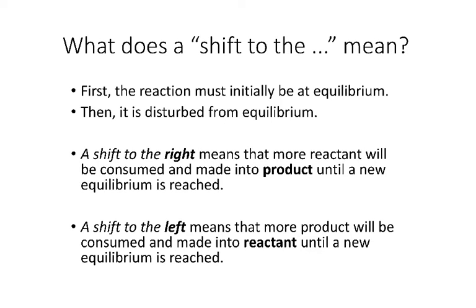Now, I've used this term, a shift to the. What does that mean? Well, first the reaction must initially be at equilibrium, then disturbed from equilibrium, and now two things can happen. A shift to the right means that more reactant will be consumed and made into product until a new equilibrium is reached.